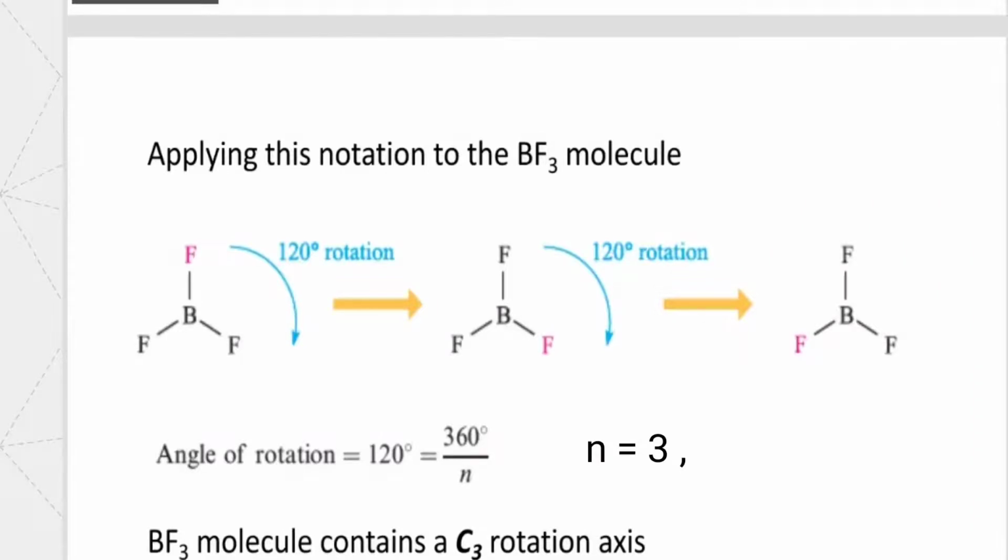Applying this notation to the BF3 molecule. BF3 molecule rotation is carried out through 120 degrees. Here the angle of rotation is 120 degrees. Therefore n is equal to 3. That is, the BF3 molecule contains a C3 rotation axis.